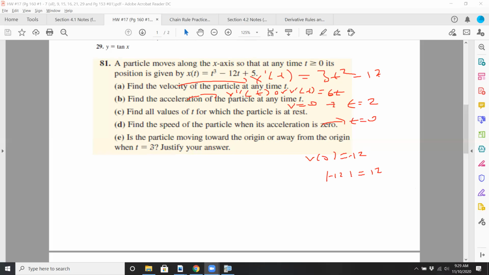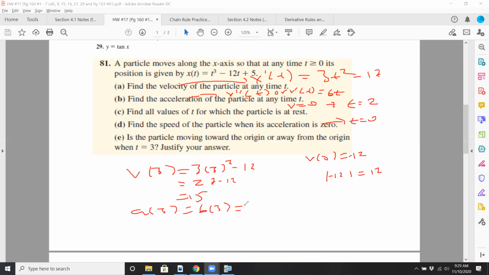And finally, for e, is the particle moving toward the origin or away from the origin at t equals 3? Well, v of 3 if you work that out, we do need our velocity, which is 27 minus 12 or 15. And a of 3, the acceleration, 6 times 3 is 18.